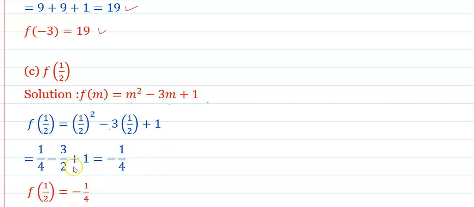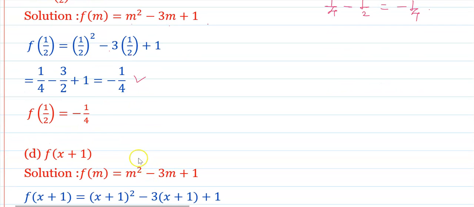The simplification is very simple here. 1 by 4 minus 3 by 2 plus 1 means 1 by 4 minus 1 upon 2, and overall you will get minus 1 by 4. So f of 1 upon 2 is equal to minus 1 by 4, and this is the value.